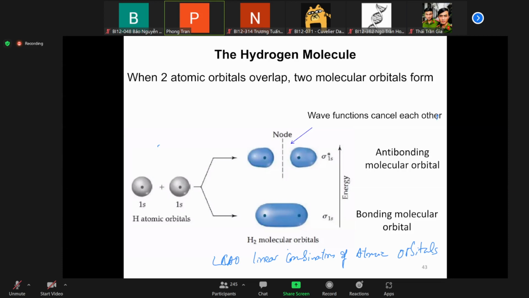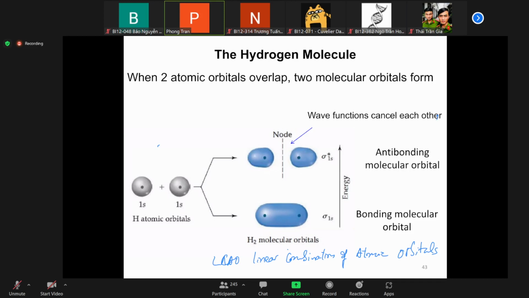The two orbitals need to approach, get closer, and try to optimize the distance, to optimize the attractive and repulsive interaction. Now, in molecular orbital theory, the chemist states that the two atomic orbitals will combine in a linear way. That means one orbital s and one orbital s will generate two orbitals. 1 + 1 = 2.